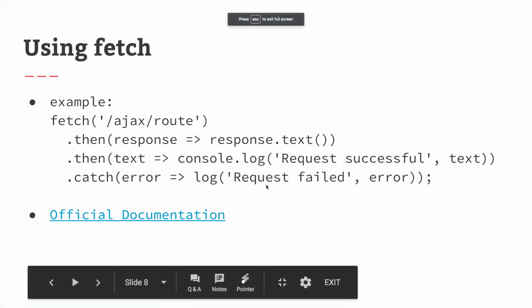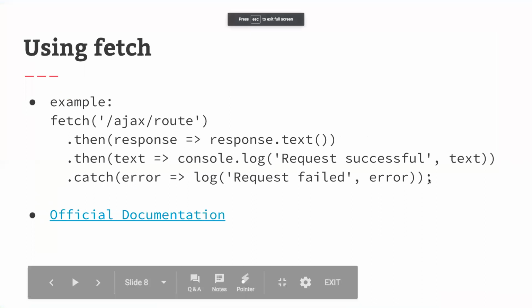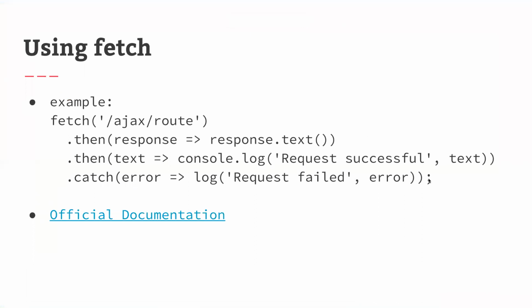Instead, what I want to do is use fetch. For fetch, you give it your route. And what does the dot then indicate that this fetch function returns? A promise. The fetch function returns a promise. And then we can do a dot then, and we can interpret that response as text or as JSON.